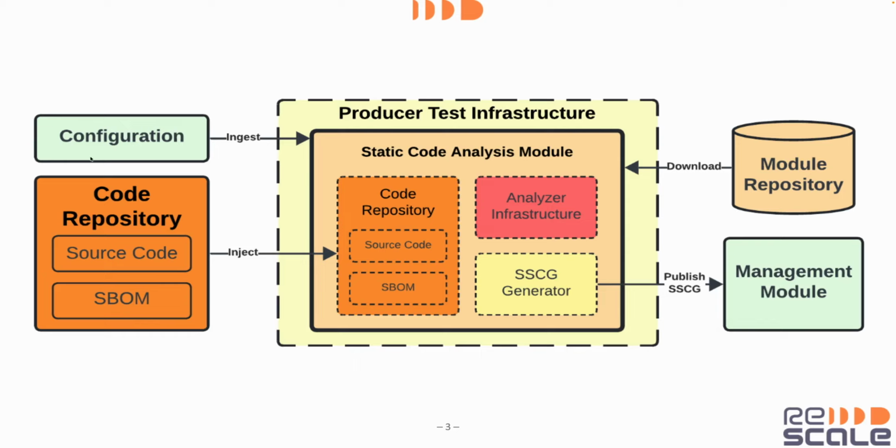Then there's also a tiny bit of configuration which is used to process this source code and the S-BOM. And at the end there is the SSCG generator which aggregates the test results and publishes it to the management module. So with that being said, let's move over to the actual demo.